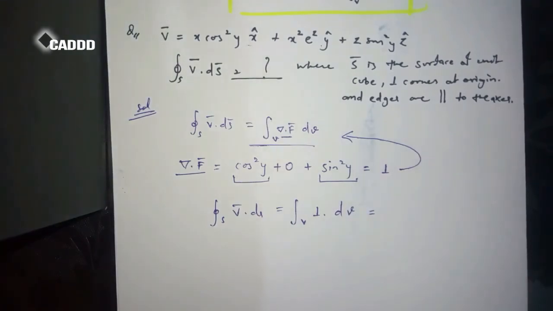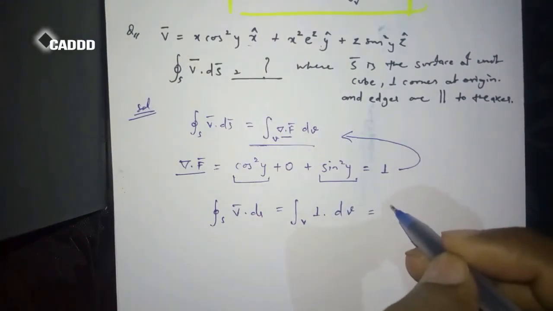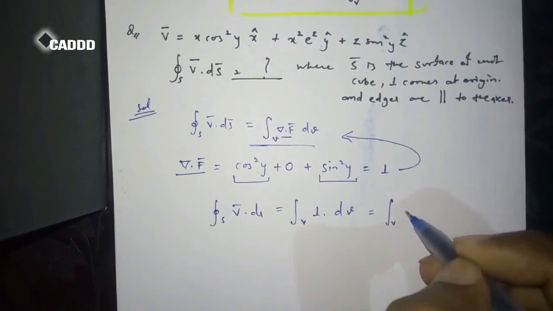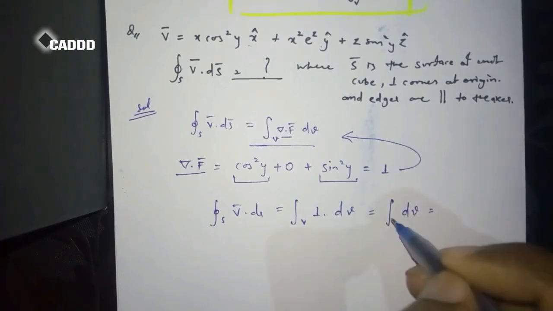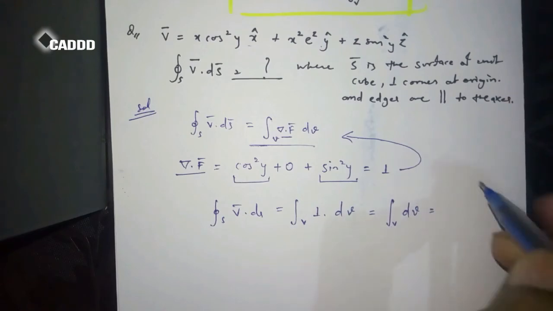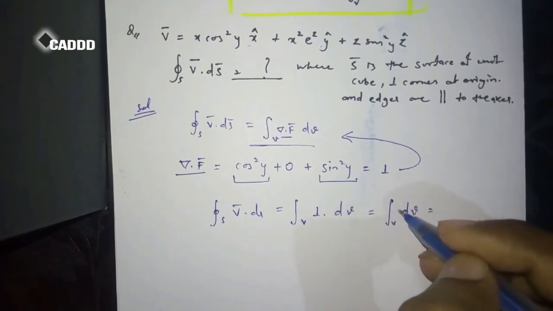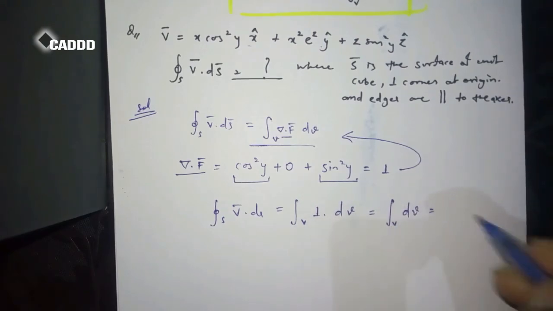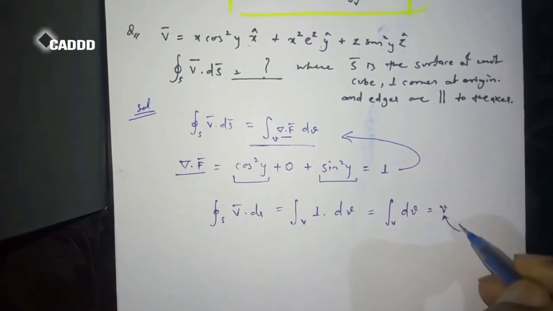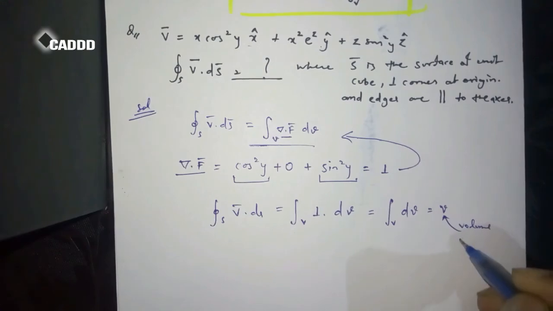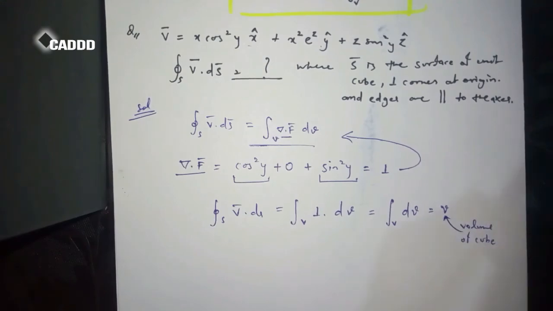Okay, so when we integrate 1 with respect to v, we will get v. Okay, v is what, guys? Volume of cube.